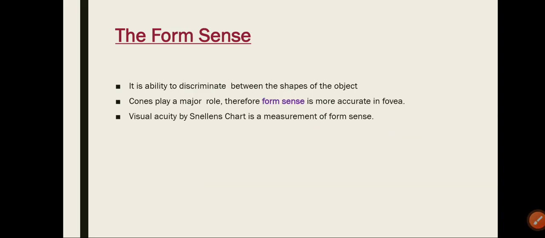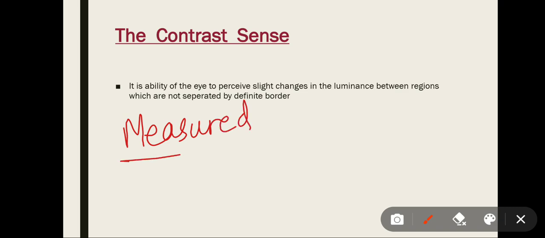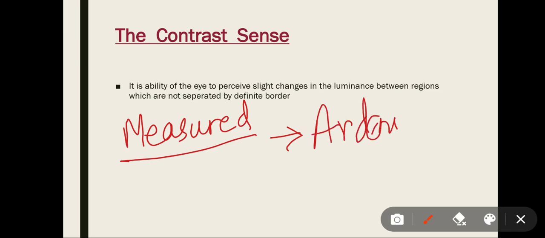So how will you test contrast sensitivity? In clinical practice, contrast sensitivity can be measured by using any of the following charts with letters and stripes represented in various grays. One of the important ones is Arden's gratings.